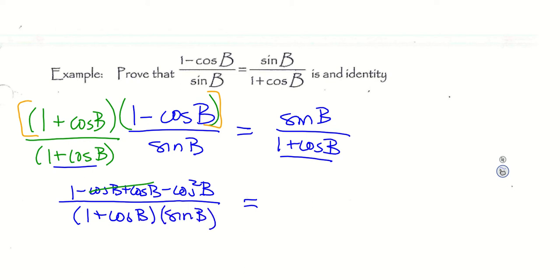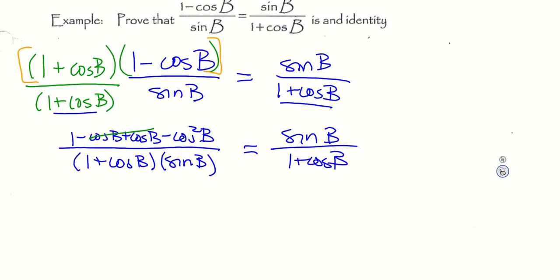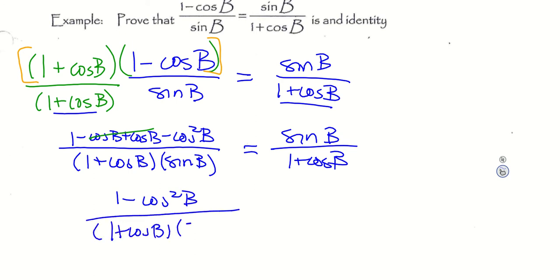So this is supposed to be sine of b over 1 plus cosine of b. And I now have on top 1 minus cosine squared of b over my 1 plus cosine of b times sine of b.